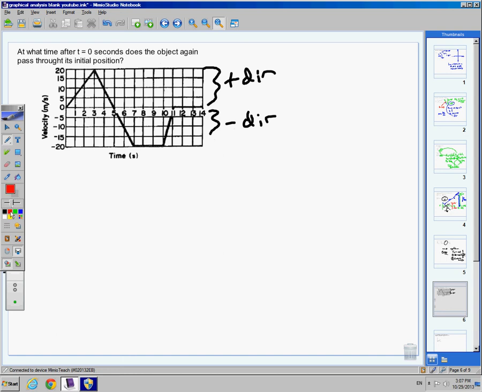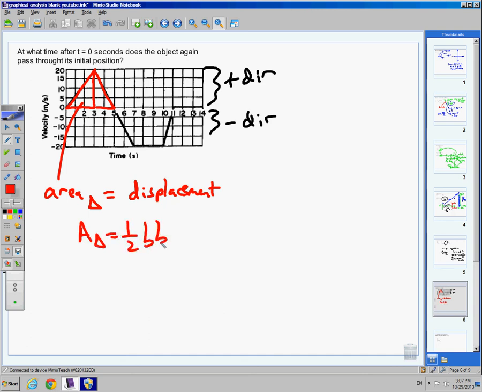So first thing I'm going to do is find the area of this triangle. If I could find the distance here, because remember the area of the triangle will give me the displacement. And I really want to know where they actually equal each other. So if I could find the area of these two, I do area of a triangle equals 1/2 base times height, and then we're going to do it twice.